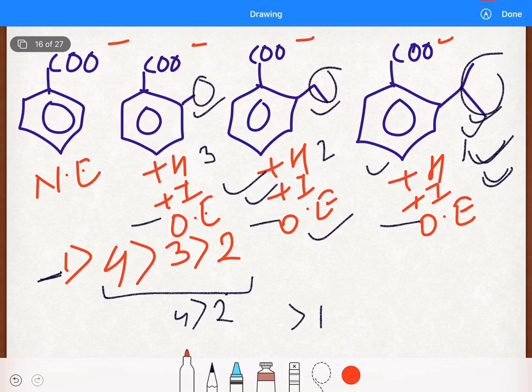Now, after applying the ortho effect, what is happening? After applying the ortho effect, the fourth one is most acidic, then the third one, which has less steric hindrance than the fourth but more than the second one. That's why the third one comes next, and then the second one.